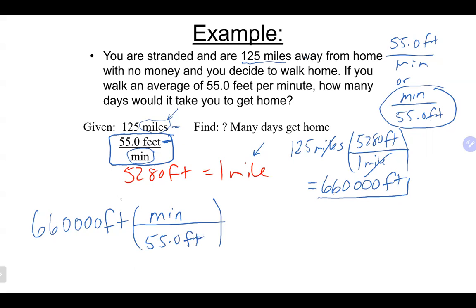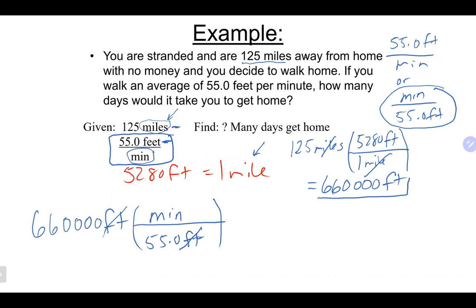By multiplying our distance by the rate, or really dividing by our rate, our feet cancel. At this point we are left in just minutes, which is good because we want to end up in days, which is a unit of time. Question so far?